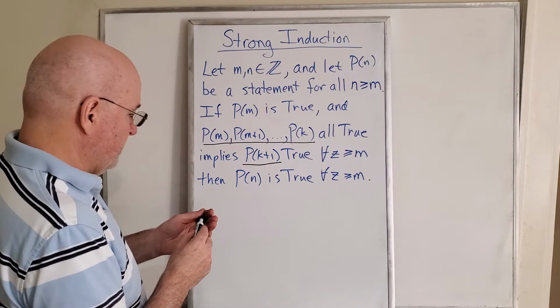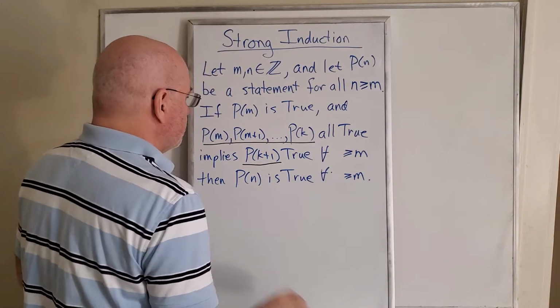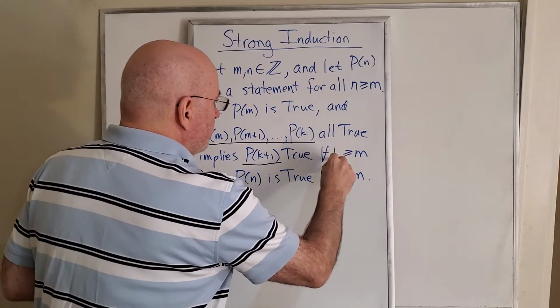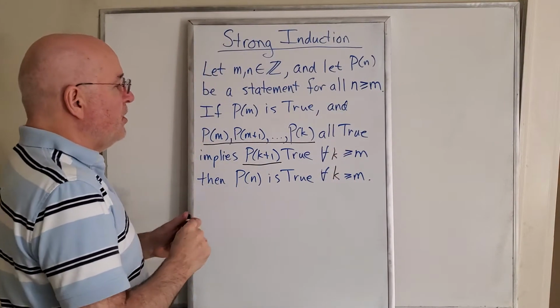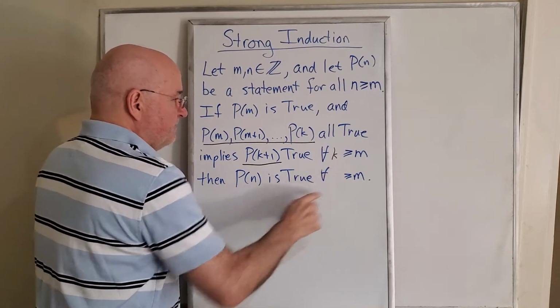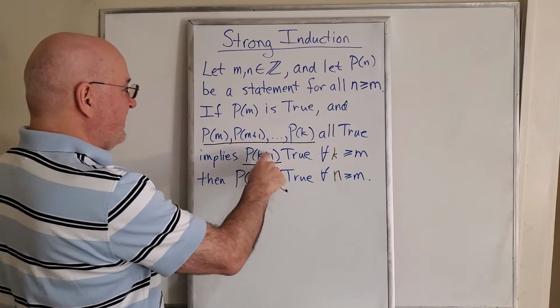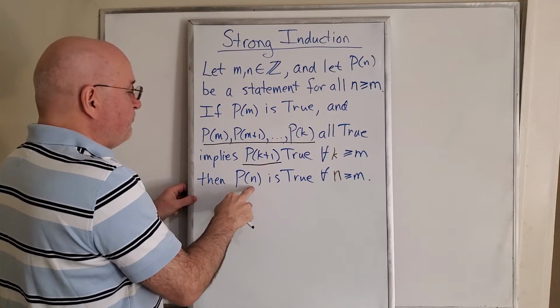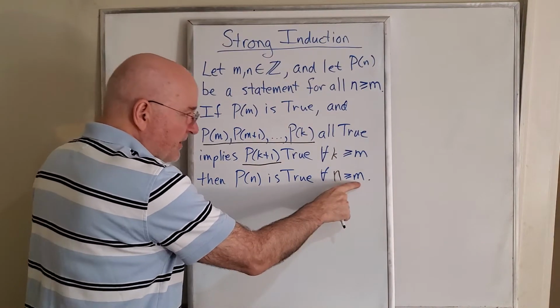Where did I get Z? This should be K. Then Pn is true for all K. This one needs to be M. Sorry about that. If this is true for all K, then Pn is true for all values of n starting with M.